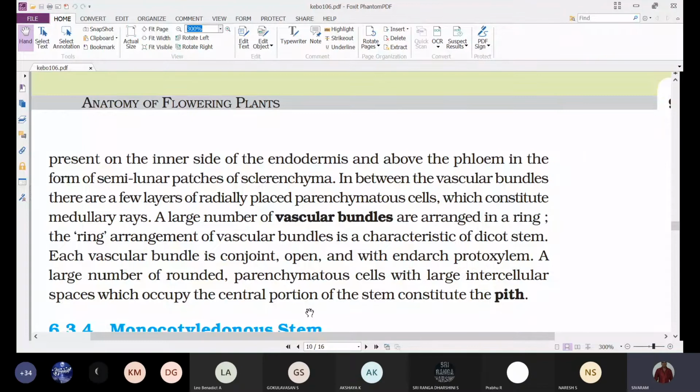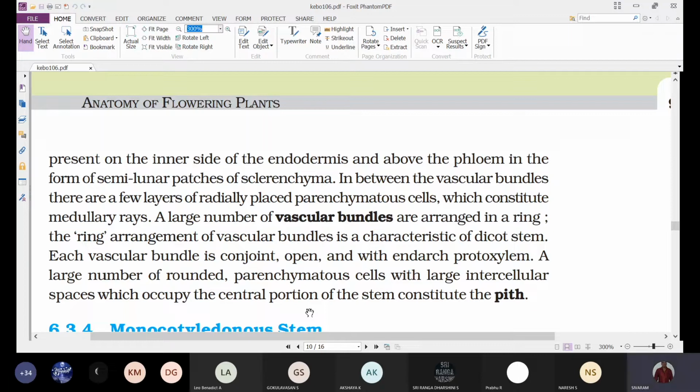Semilunar means half moon. A half-moon shaped arrangement of sclerenchymatous cells is present below the endodermis and above the phloem, that means in between the endodermis and phloem.